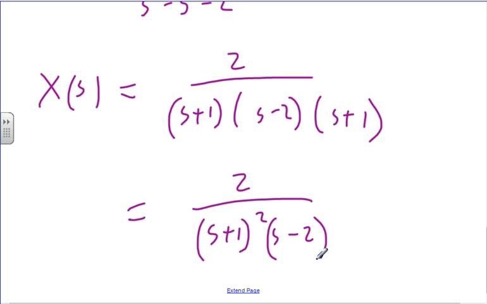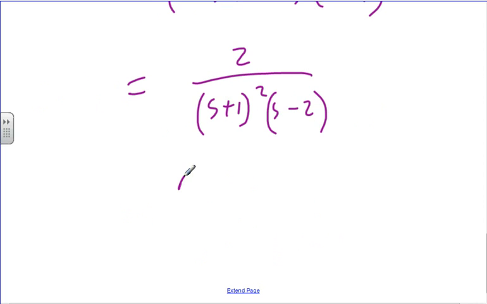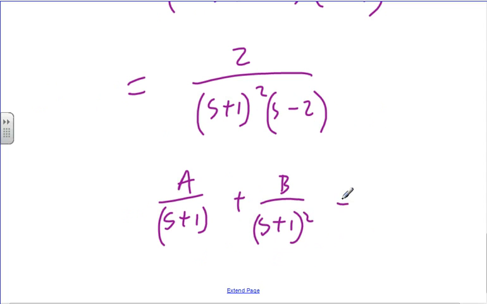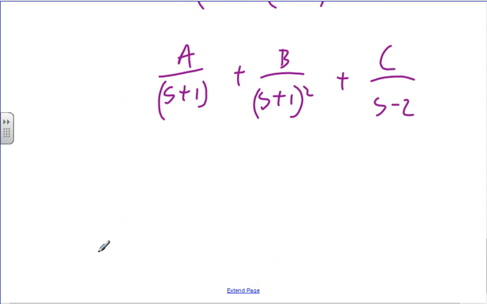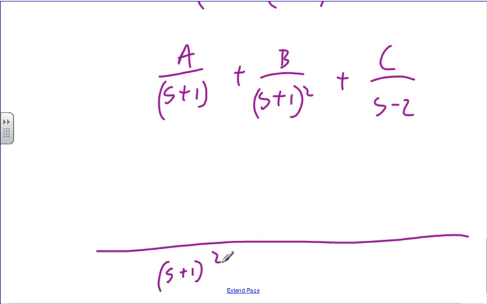I don't. All right, so I've got to do partial fractions: A over s plus 1 plus B over s plus 1 squared plus C over s minus 2. On the bottom I've got s plus 1 squared times s minus 2.